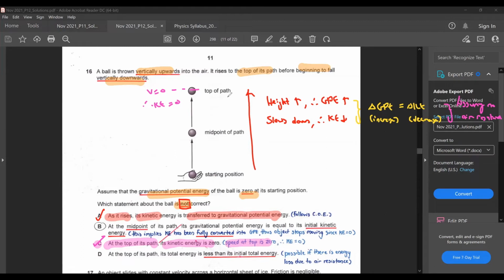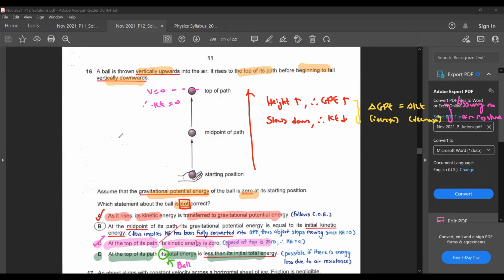Now, at the top of its path, the total energy is less than its initial total energy. What is the "it" here? The "it" here refers to the ball, the energy possessed by the ball.